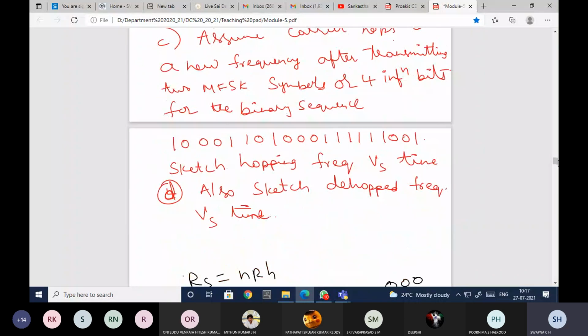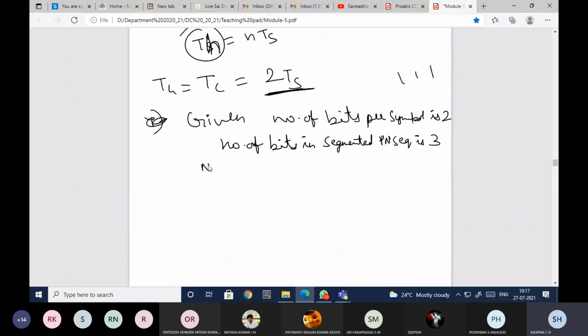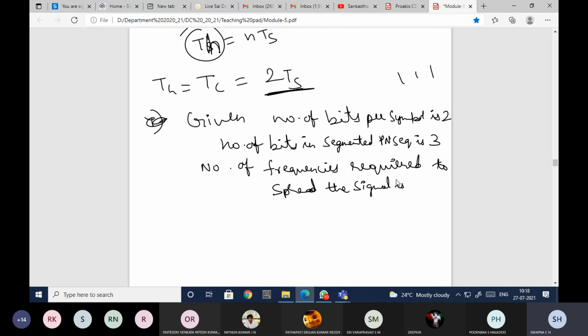So I will write the same thing here. The number of frequencies required to spread the signal is 2 power n, that is 2 power 3, which is 8 frequencies.